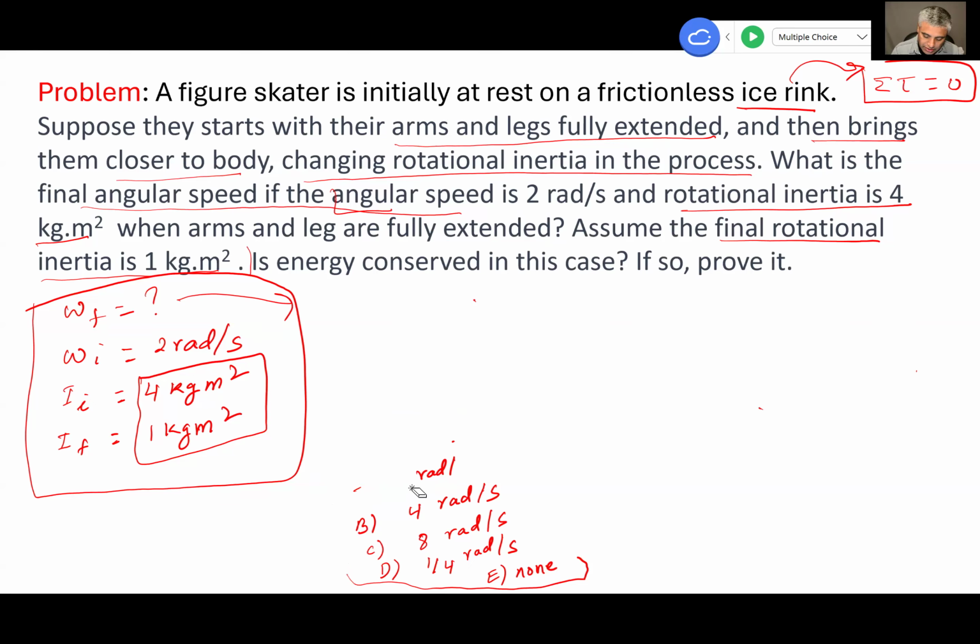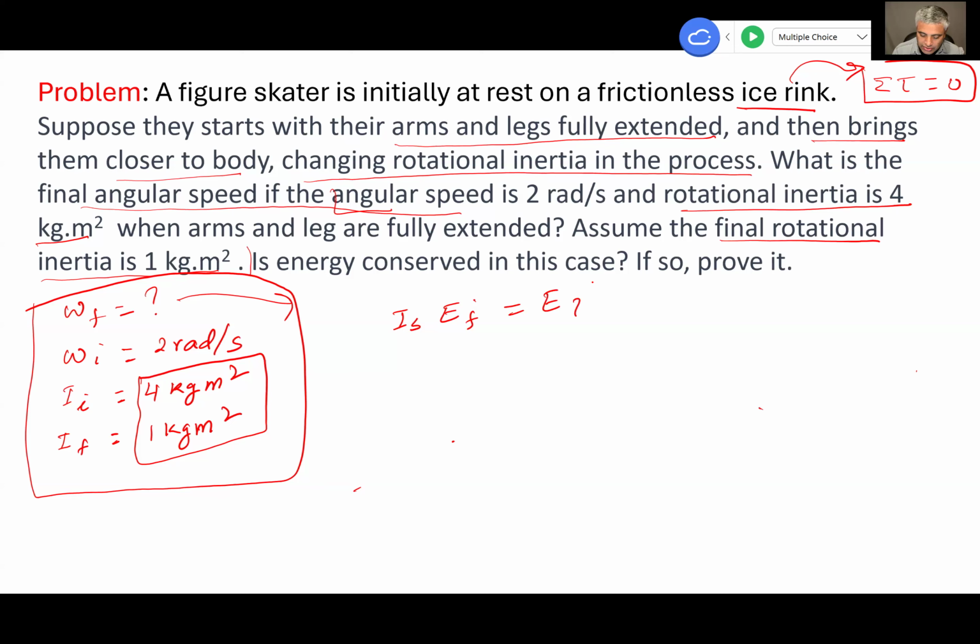So what it is asking is whether final is equal to initial. So what kind of energy is involved here? This portion is just spinning in place.